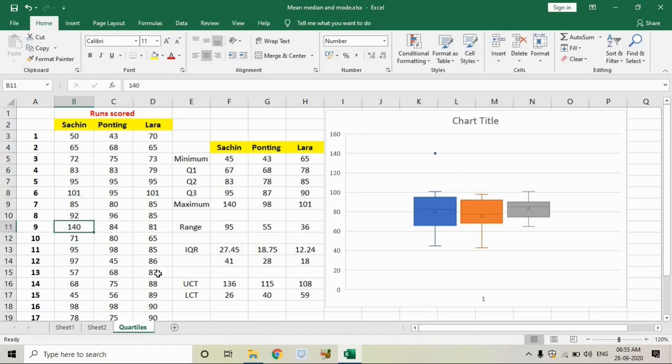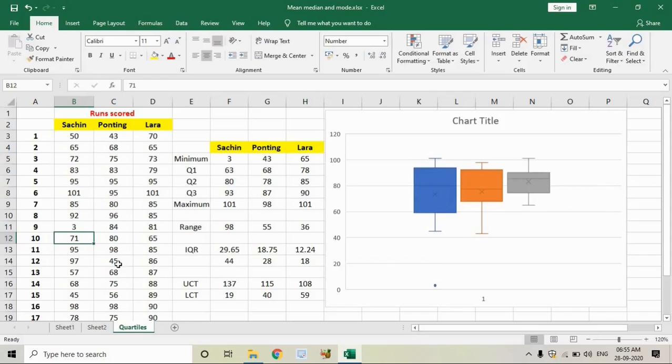If I change the value to 3, you can see a dot over here. This can also be considered as an outlier because this is much beyond the upper cutoff and lower cutoff regions. I mean, this 140 and 3 are much beyond the upper cutoff and lower cutoff regions. So this can be termed as an outlier. Okay.